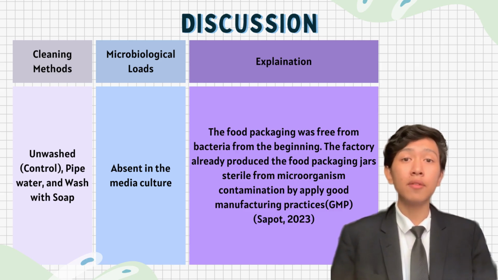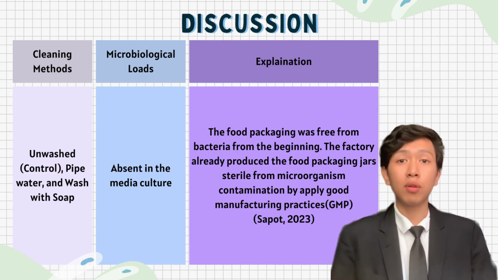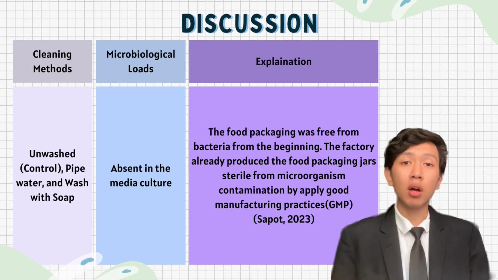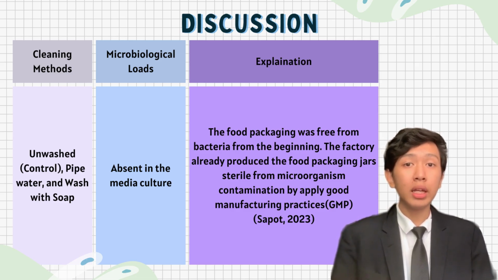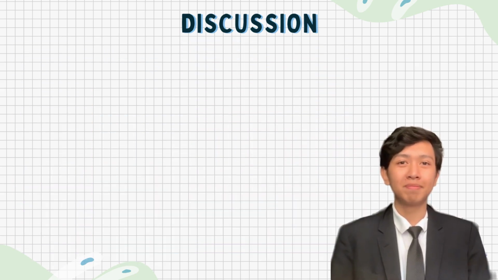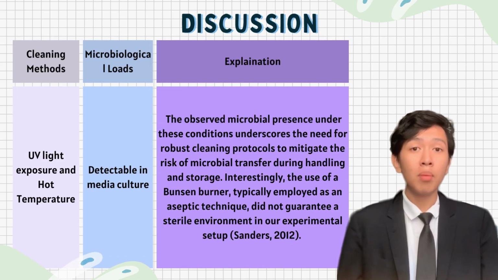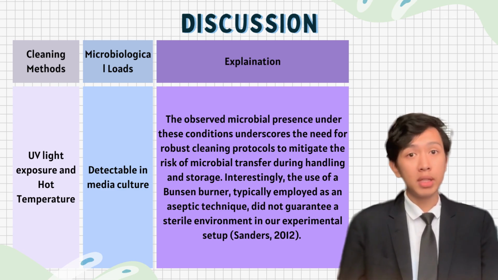This suggests that the factory already produced the food packaging jar sterile from microorganism contamination by applying good manufacturing practices (GMP). This was proven by the absence of microbiological loads in each media culture prepared. However, upon UV light and high temperature exposure, microbial loads were still detected in the media culture.